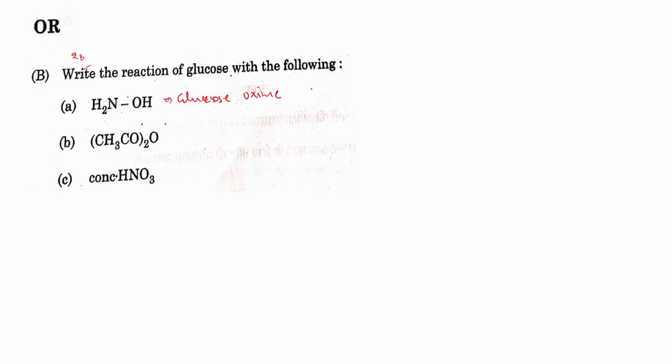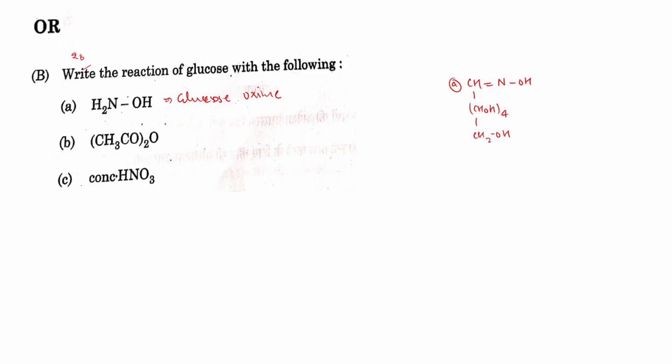The formula for this one is CH double bond NOH, then we have CHOH four times, and the last carbon is having CH2OH. So this is the product of A, the first one.